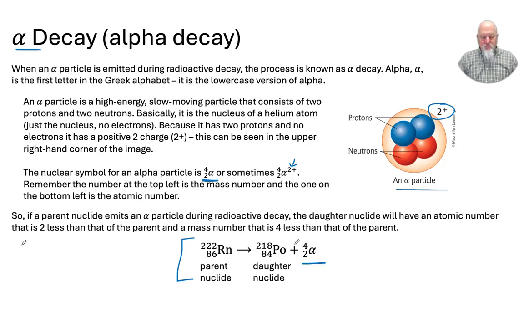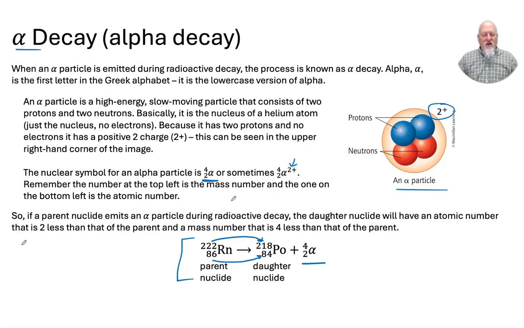That means the mass number from the parent nuclide has to go down by 4 because 2 protons and 2 neutrons are leaving. So we go from 222 to 218, and then the atomic number has to go down by 2 because 2 protons are leaving, so we go from 86 to 84.